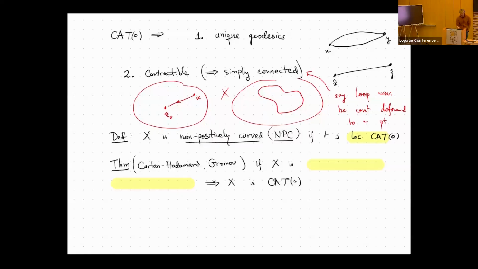Yeah, contractible means you can deform the whole space to a point. For me, this is the definition.